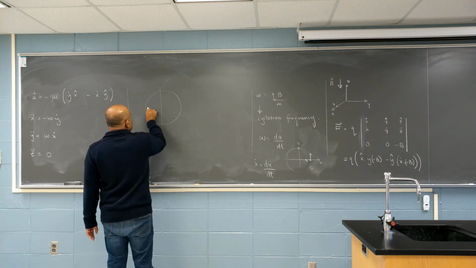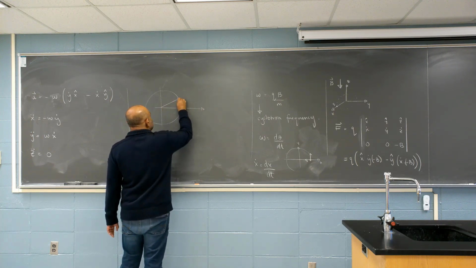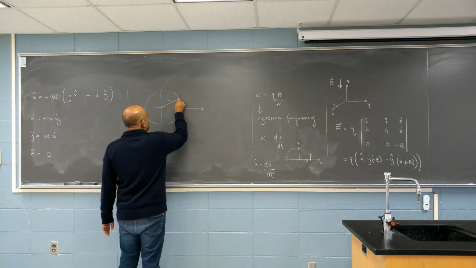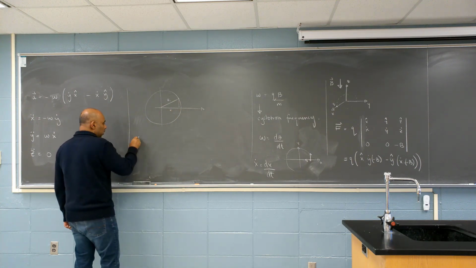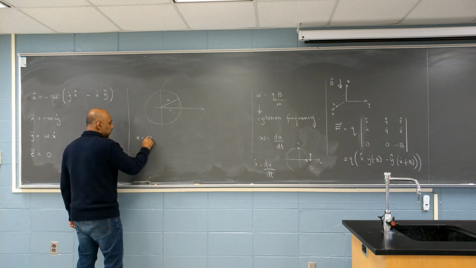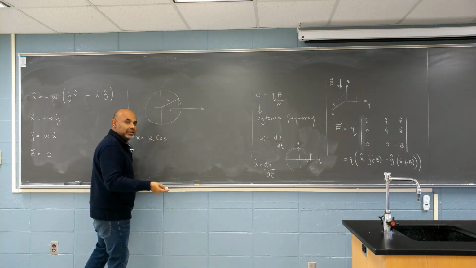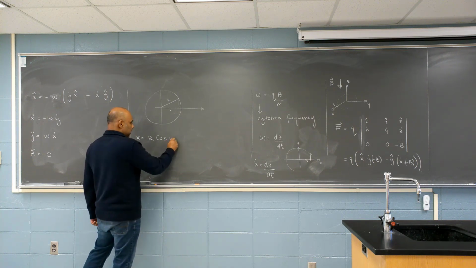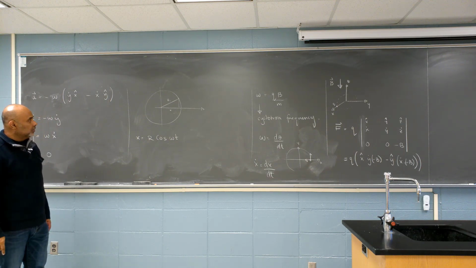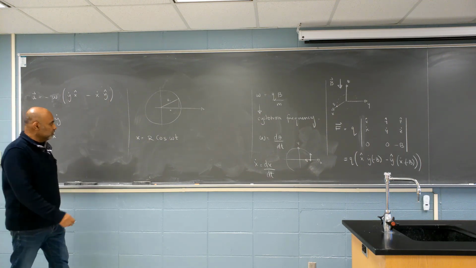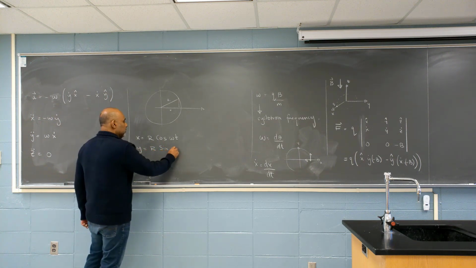This is my axis. This is distance r. So this is x. So what I want is r cosine theta, but theta is omega t. Of course then, y is r sine omega t.